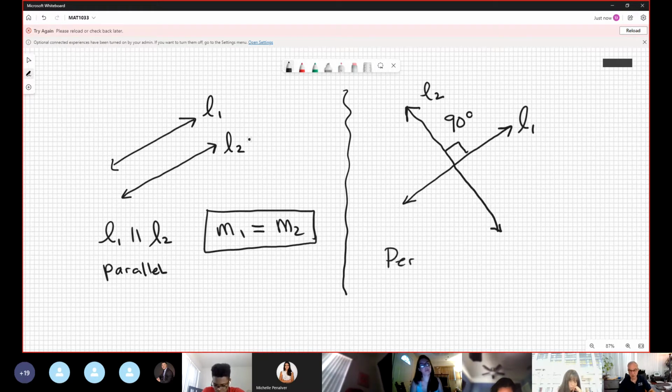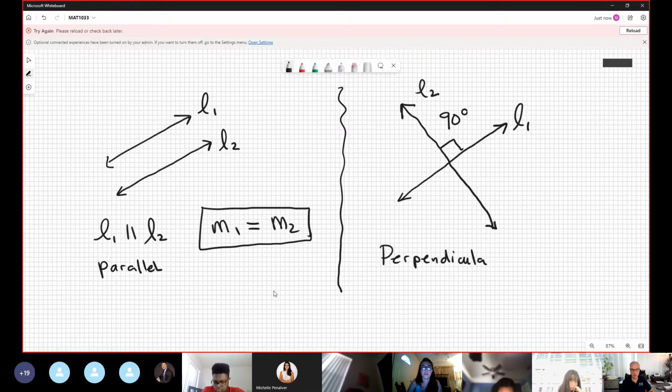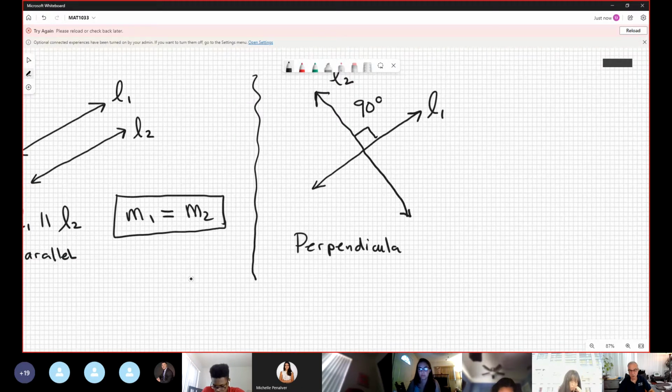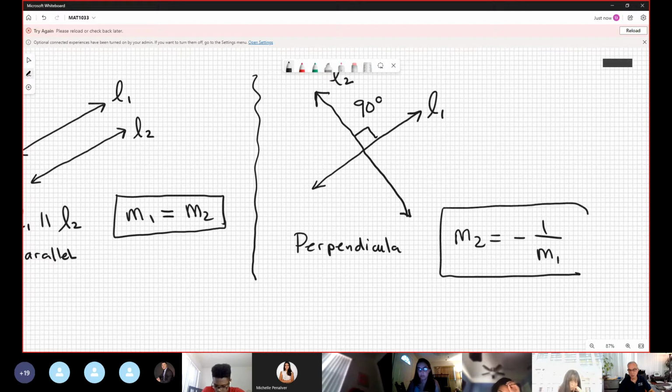For perpendicular lines, the relationship between the slopes is slope 2 equals -1 over slope 1. Wow, confusing formula. No, not confusing. Look, it's the reciprocal. You flip it and take the opposite sign, two actions.